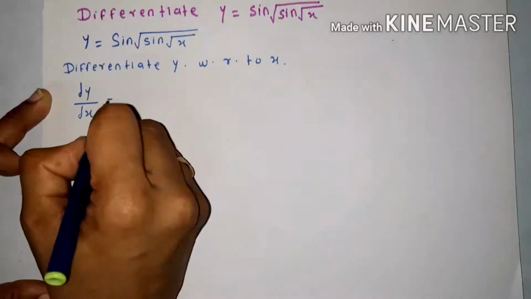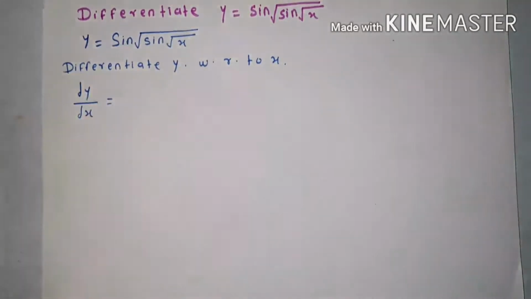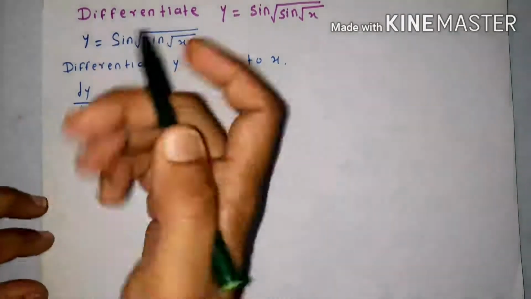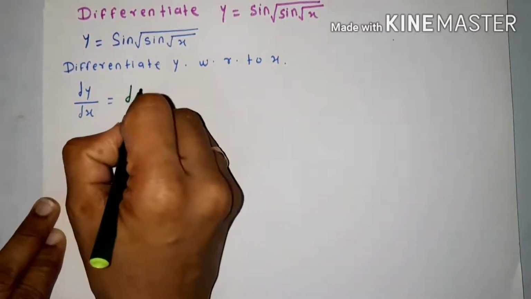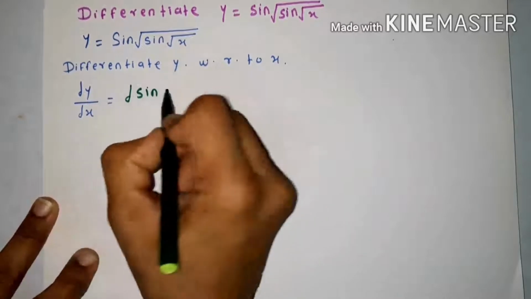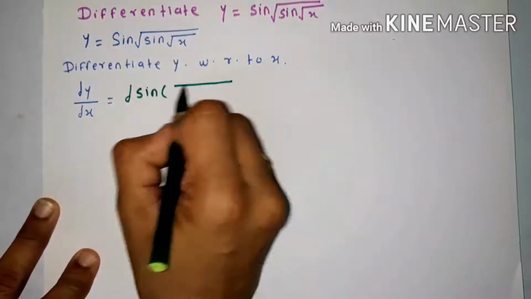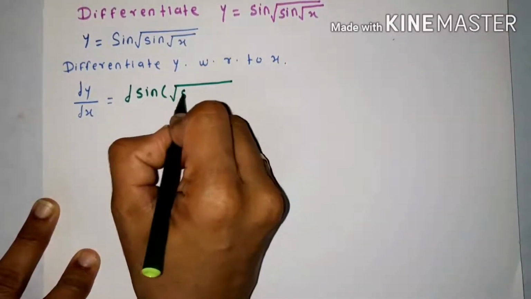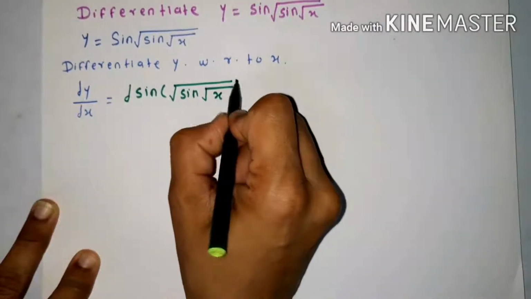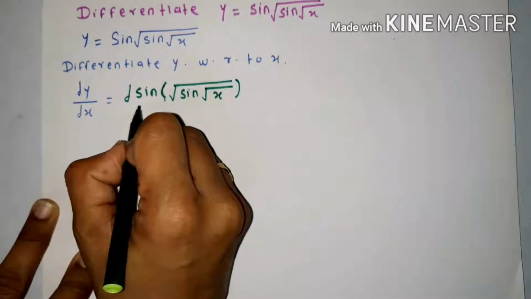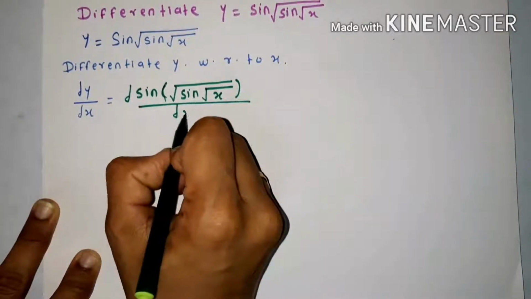Therefore dy by dx equal to differentiation of sine of square root of x with respect to x.